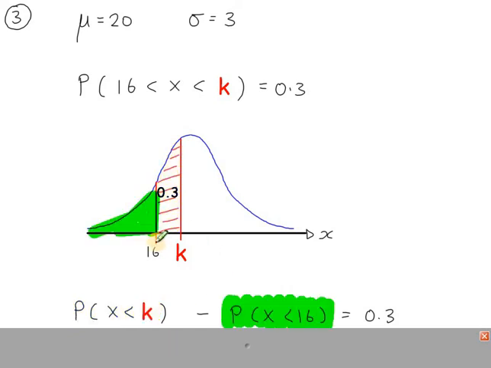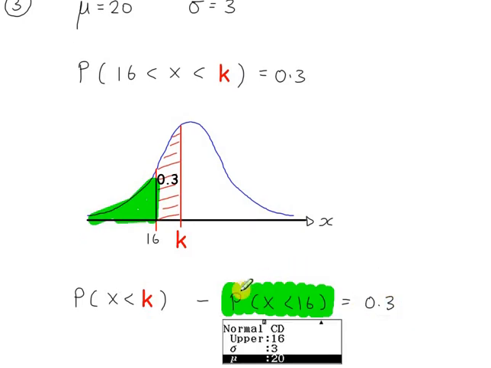And the probability that x is less than 16 is this green shaded region. And if you subtract one from the other, so if we do the yellow region, which is less than k, minus the green region, which is less than 16, we'll get the region which is in between, which is what we're after, which represents a probability of 0.3.